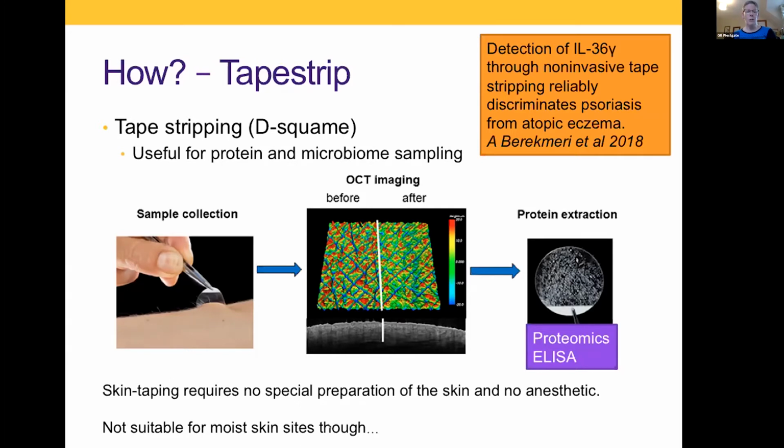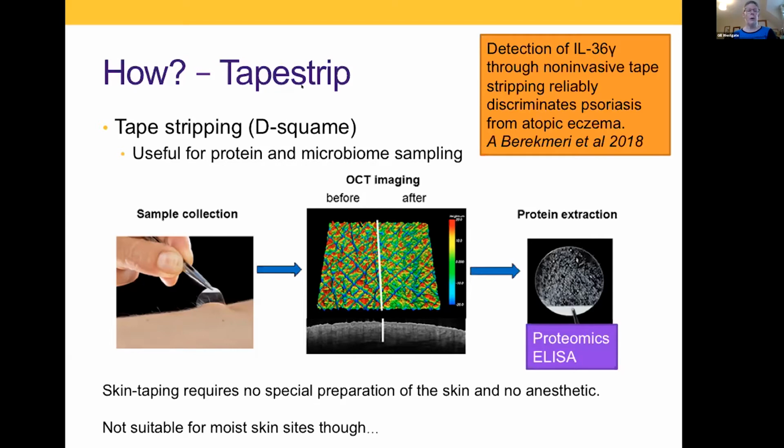I would say it's not really suitable for moist skin sites, obviously, because the adhesive wouldn't stick very well. But that's maybe a gap where we need to come up with a nice, simple method for sampling areas of sweat or areas of mucosa.